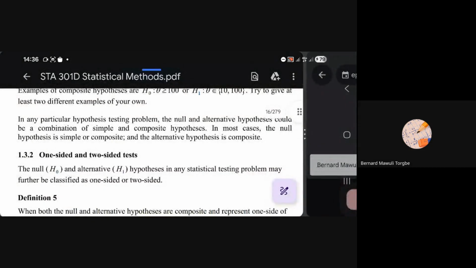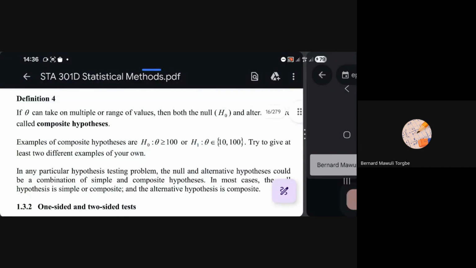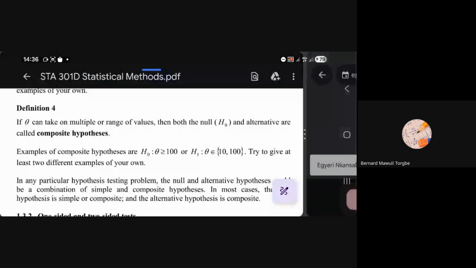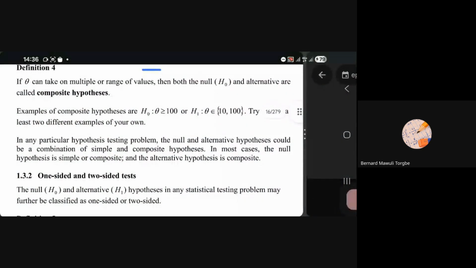From the explanations we've had so far on the null and alternative, and with the example you are giving now, I'm quite a bit confused. From the explanations, the null is like the status quo, what is there, and the alternative is more or less what we are trying to prove that is not there.